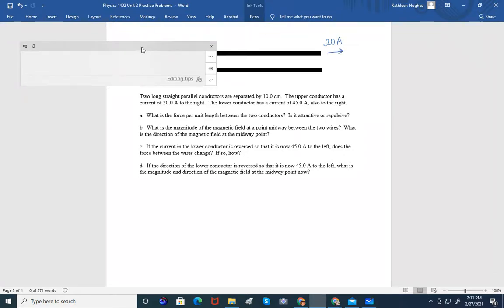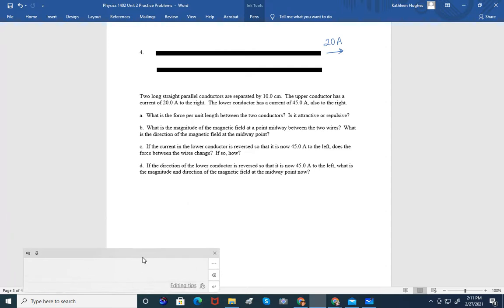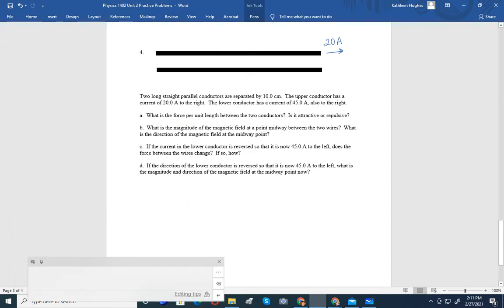And the lower conductor has a current of 45 amps also to the right. This distance that separates them from center to center here is 10 centimeters.